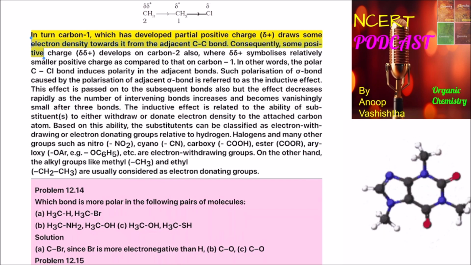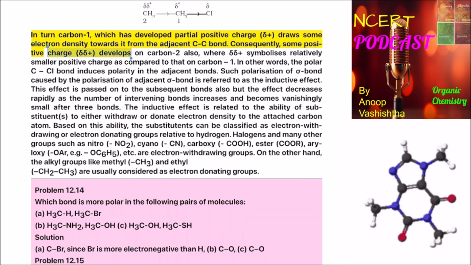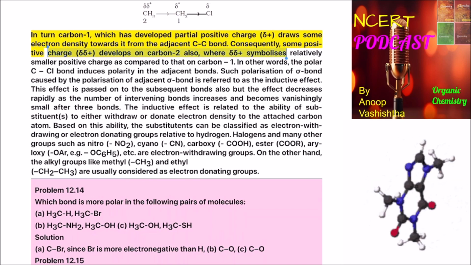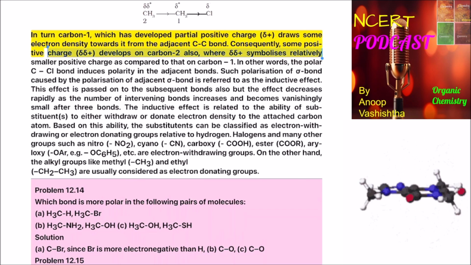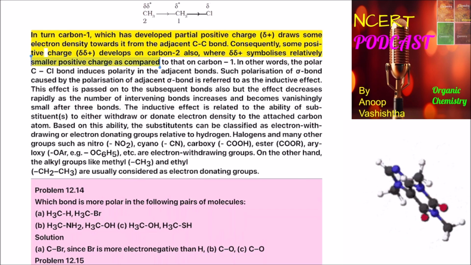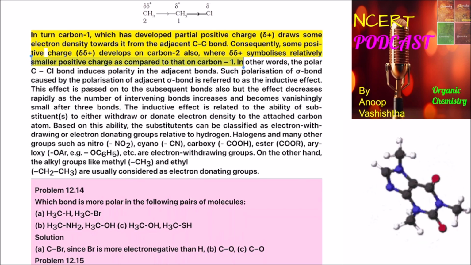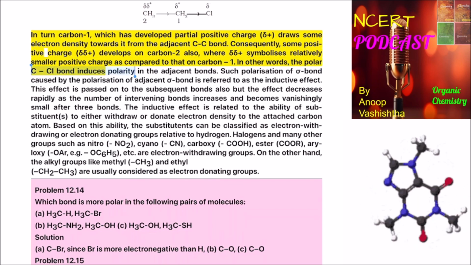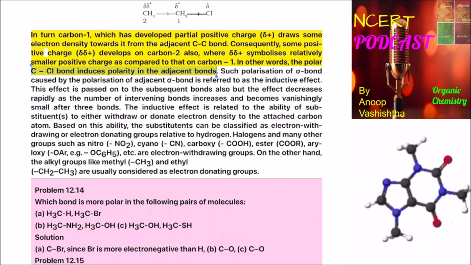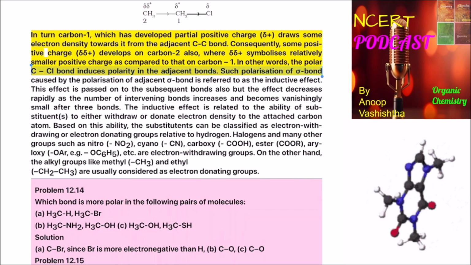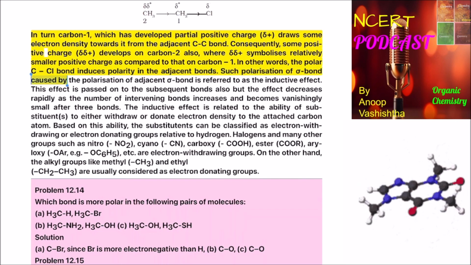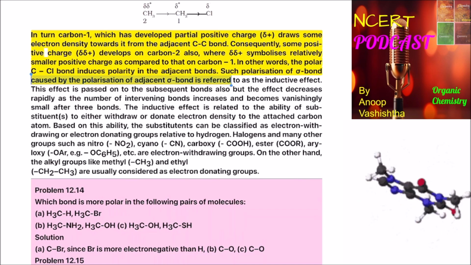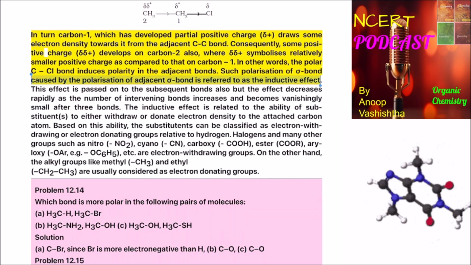Consequently, some positive charge, delta delta positive, develops on carbon 2 also, where delta delta positive symbolizes a relatively smaller positive charge as compared to that on carbon 1. In other words, the polar C-Cl bond induces polarity in the adjacent bonds. Such polarization of a sigma bond caused by the polarization of an adjacent sigma bond is referred to as the inductive effect.